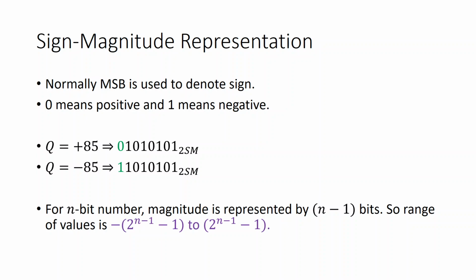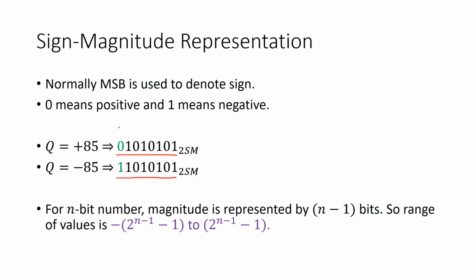So I hope you can understand that if I have an n-bit signed magnitude number, suppose this number is there, this is n bits. In that n bits, what is this position?